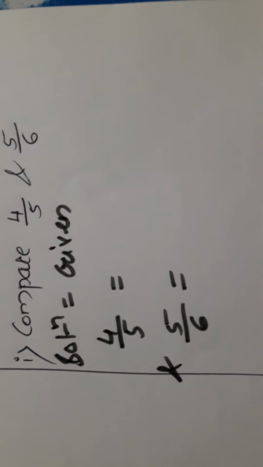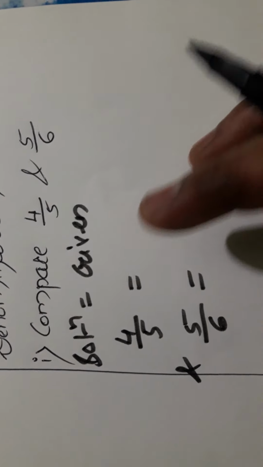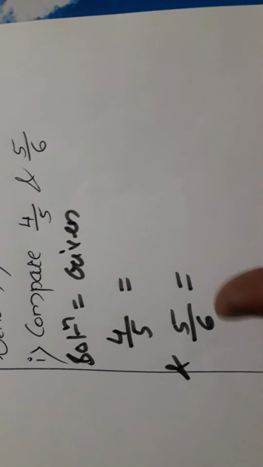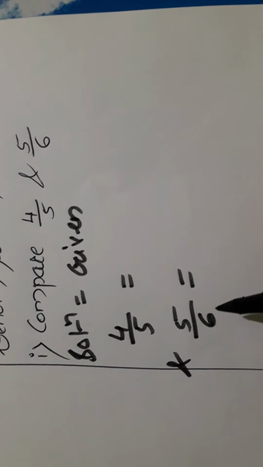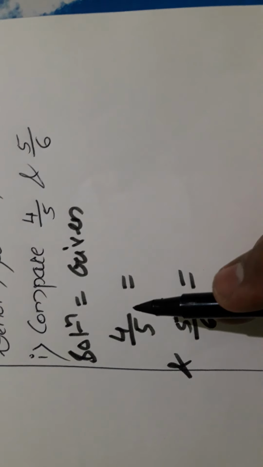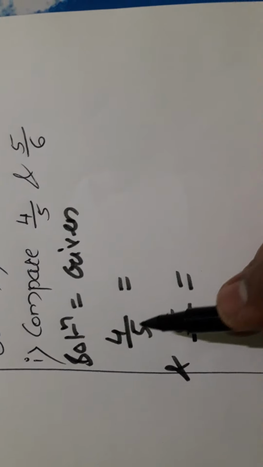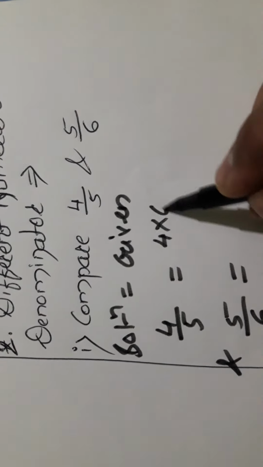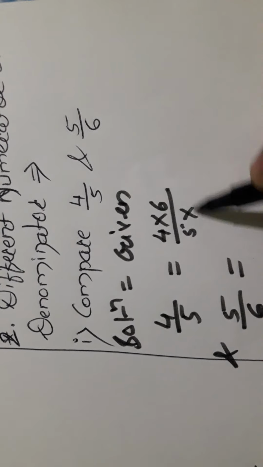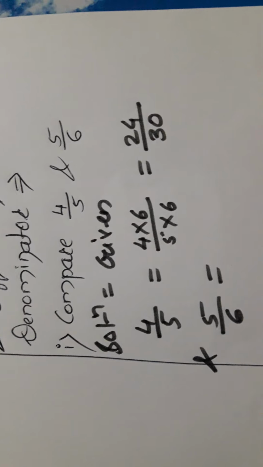What are we going to do? To make the denominators the same, you have to multiply the numerator and denominator by the same number. Here the denominators are 5 and 6. If you multiply here by 6 and here by 5, then the denominators will be the same. For example, 4 into 6 and 5 into 6 means 24 upon 30.